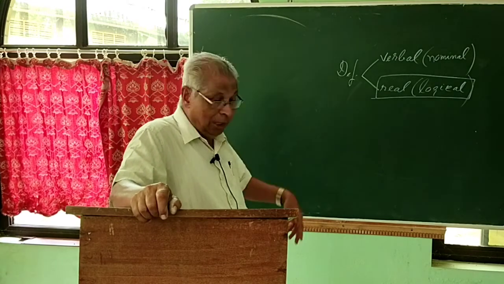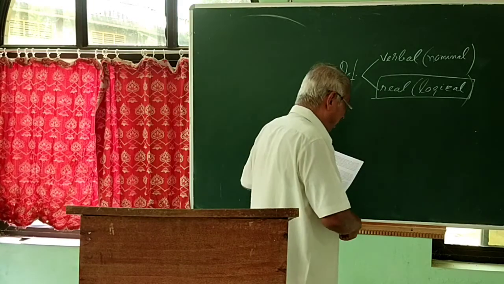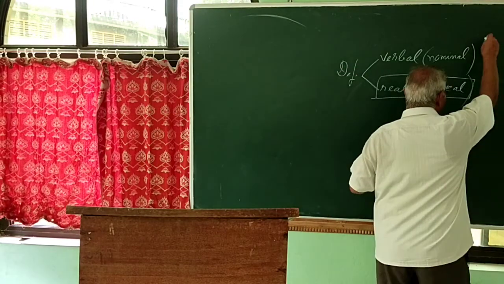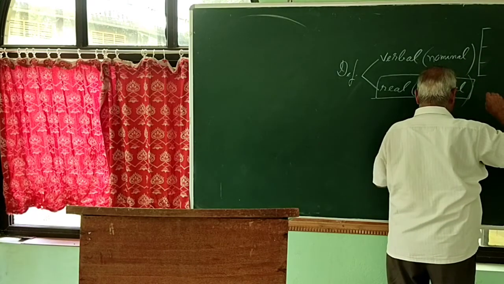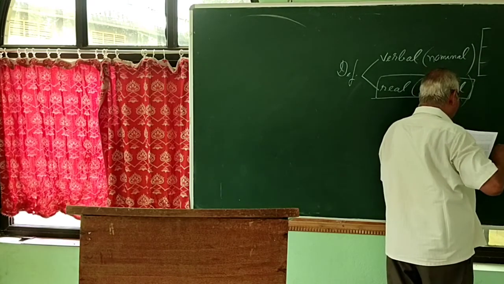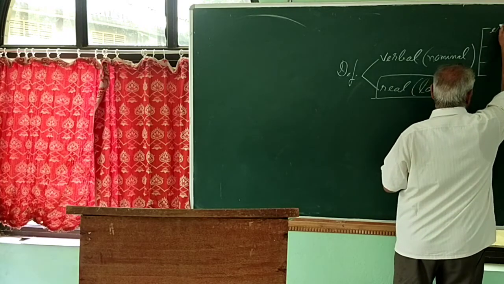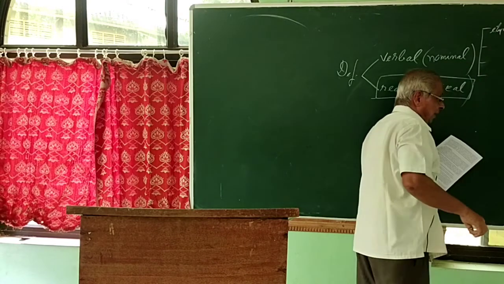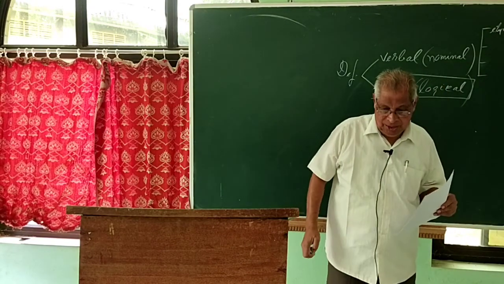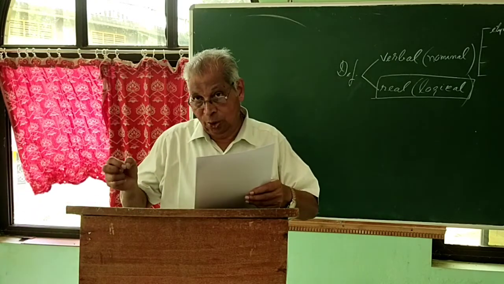Now this nominal or verbal definition can still be subdivided, in the sense that people use many other things also as definition, but strictly they are not definitions. One type of verbal definition is etymological definition, and etymology means the root meaning of the term.